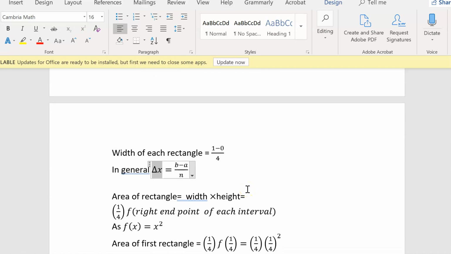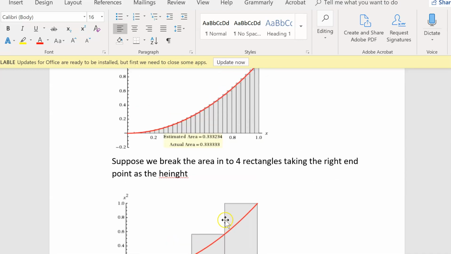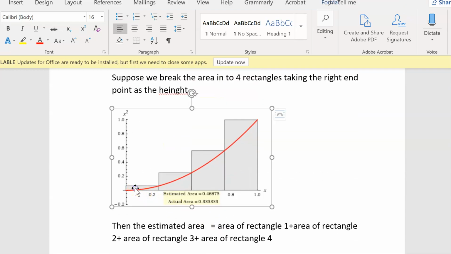Now let's look at the first rectangle. Rectangle 1 is right here. The width is always the same, that is delta x, which is 0.2, and the height is... what is the height? It's the y coordinate at this point.